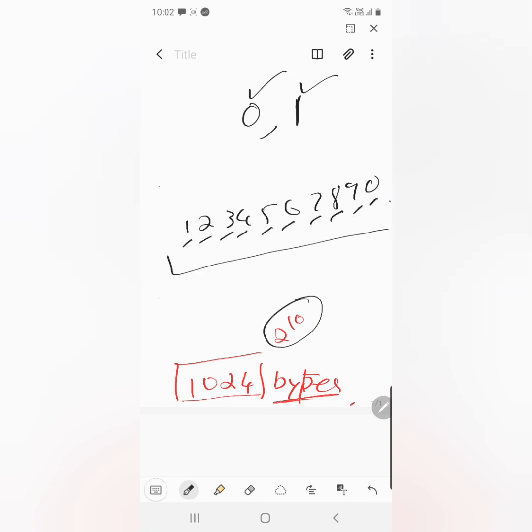So this is the base 10 system, the numbers that are used in everyday life. But this is the base 2 system where you have only 2 numbers, and this can be extended to say base 3, base 4, hexadecimal where you have 16 digits with the A, B, C, D, etc.